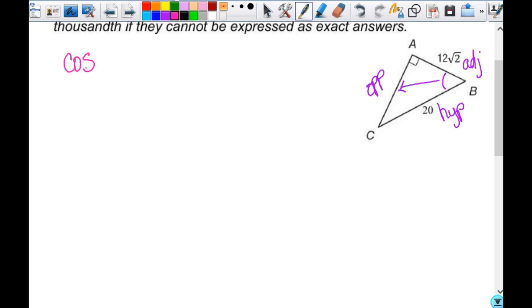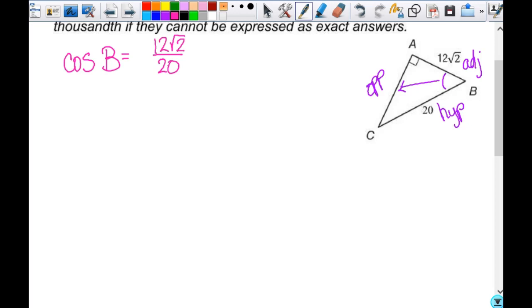All right. Cosine of what? B. Cosine of B is equal to what over what? 12 square root of 2 over 20. Right? We agree with that? All right.